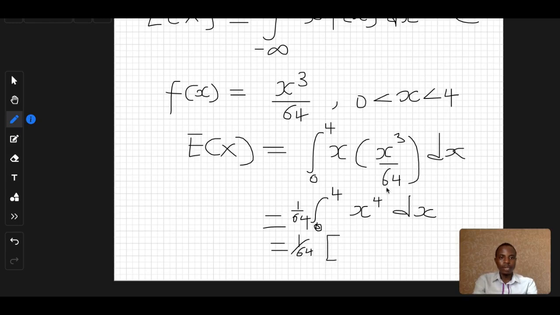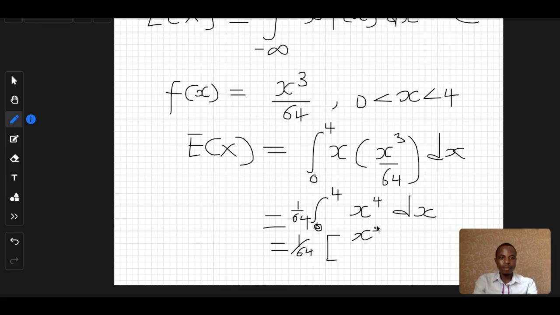And when this is integrated, we'll have 1 over 64 times x raised to the power of 5, with the limits 0 to 4, divided by 5. So x raised to the power of 5 divided by 5.